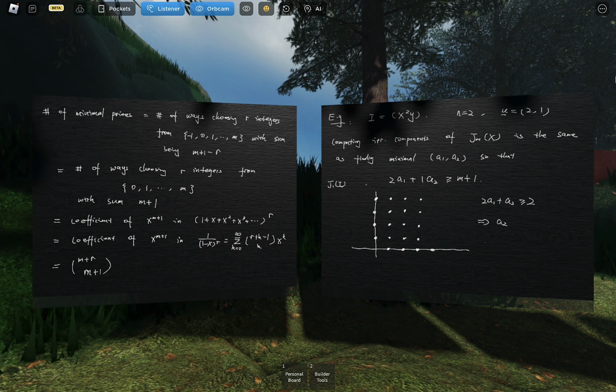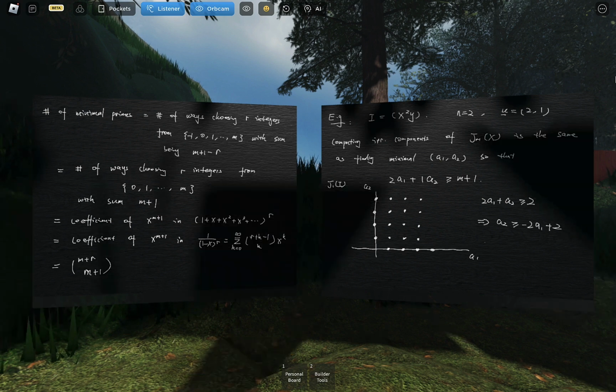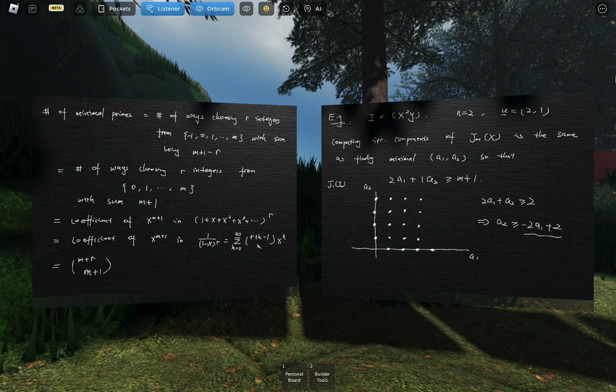Let this be the A2 direction and this the A1 direction. A2 is greater than or equal to minus 2A1 plus 2, so we can draw this line.